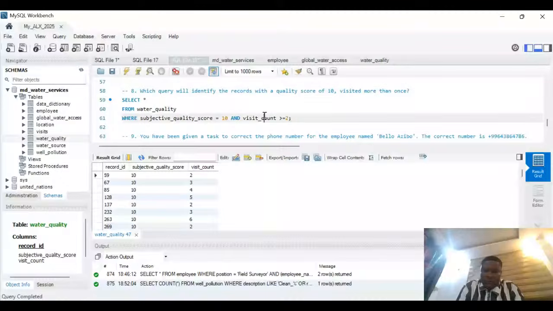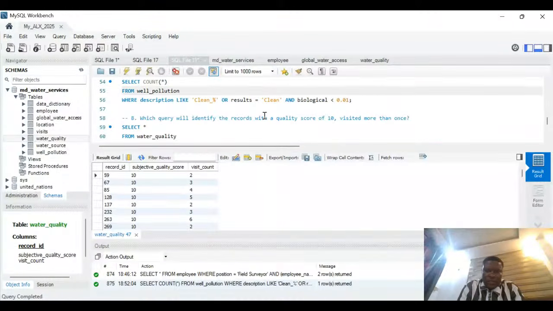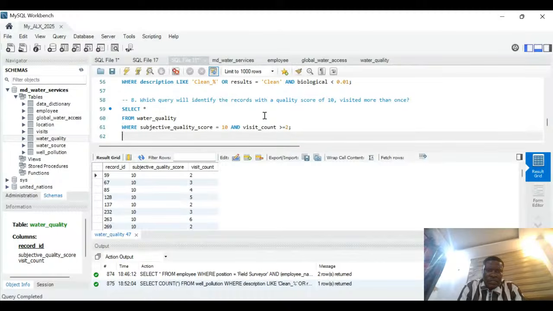Okay, so question number 8 is here. I think I was explaining question number 8 when we lost our feed. Question number 8 says which query will identify the records with quality score 10 visited more than once.